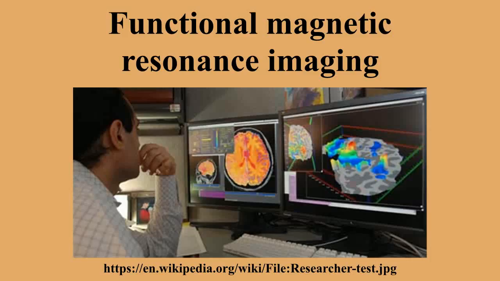For good spatial resolution, the signal from the large veins needs to be suppressed, since it does not correspond to the area where the neural activity is. This can be achieved either by using strong static magnetic fields or by using spin echo pulse sequences.